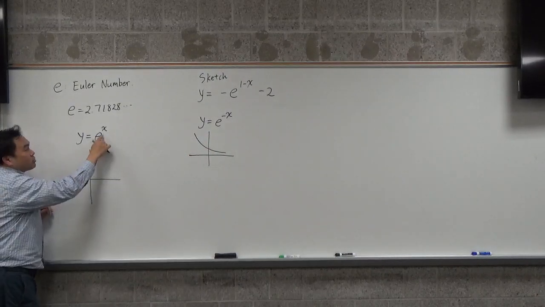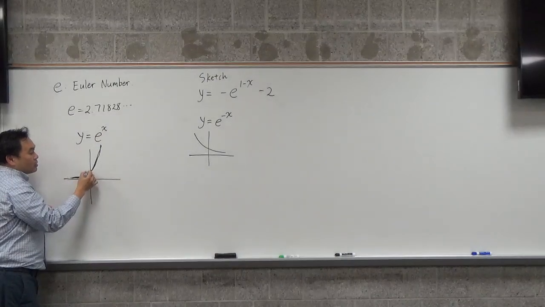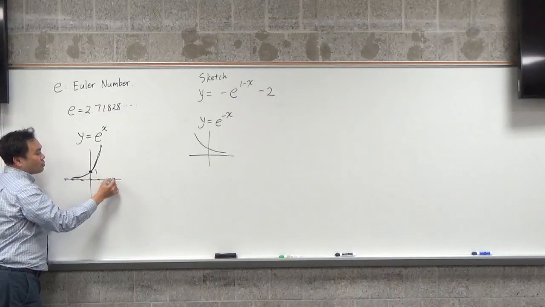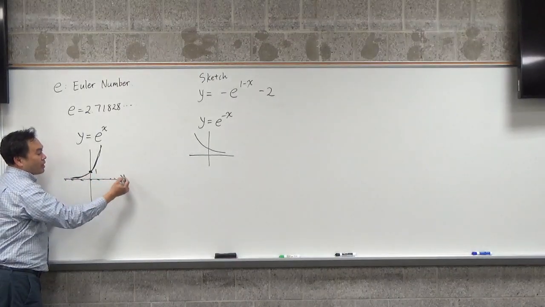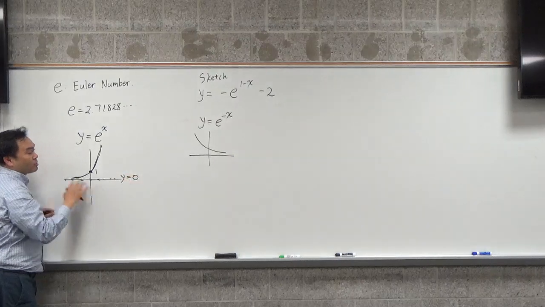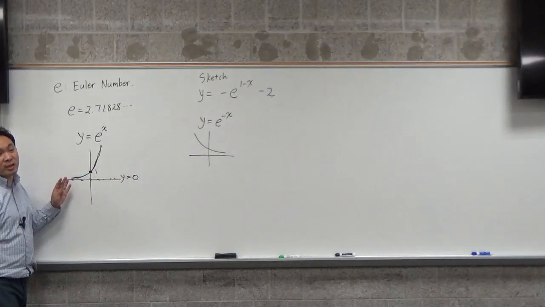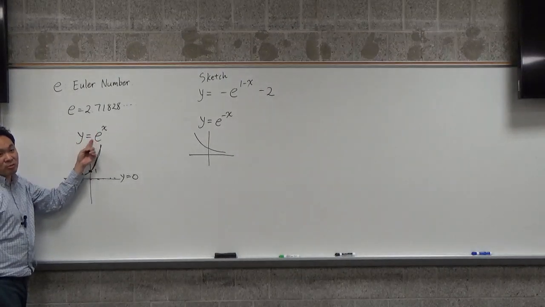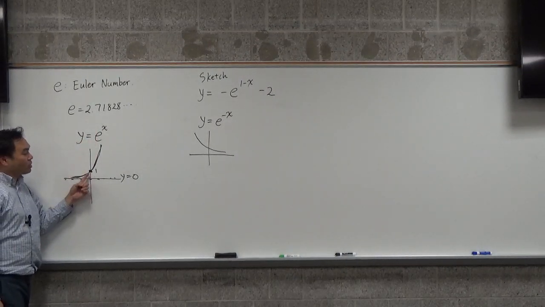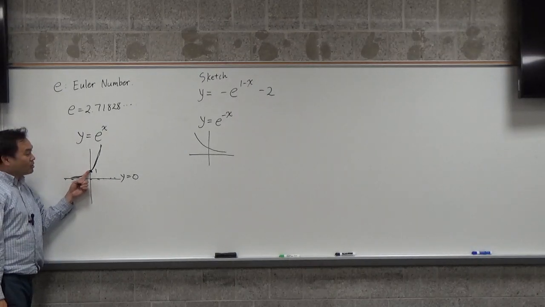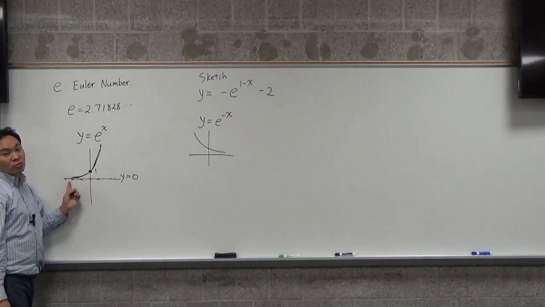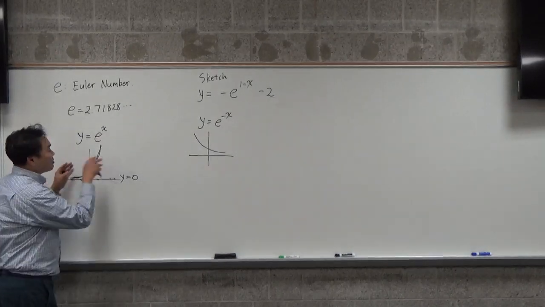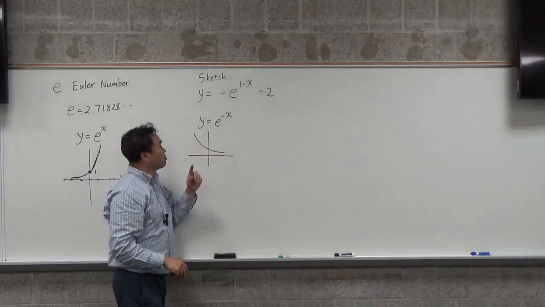Now, anything to the 0th power is 1, so it's still true that this point is (0, 1), and it's still true that the horizontal asymptote is y equals 0. So that didn't change from 2 to the x. Whether you have y equals 2 to the x or 3 to the x or 10 to the x, it's always true that 1 is the y-intercept and y equals 0 is the horizontal asymptote, all right? Okay, so you're going to flip it around and write it this way.